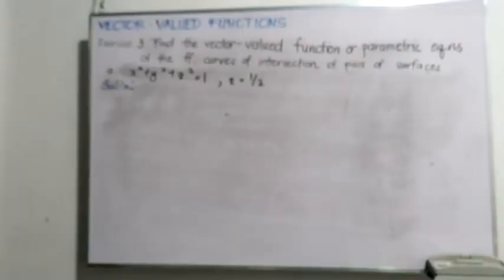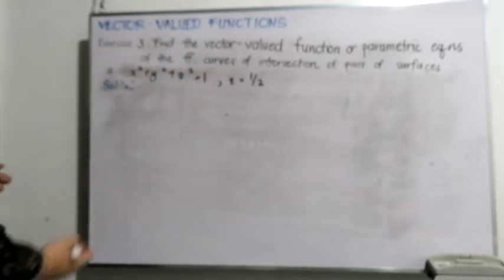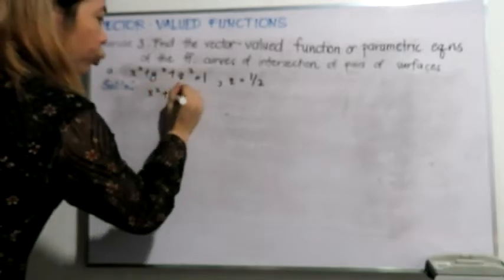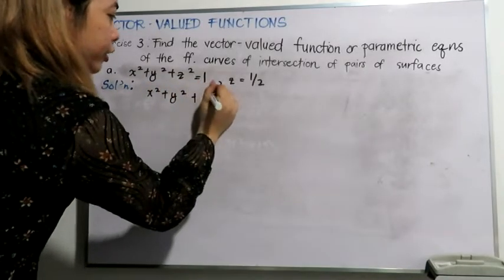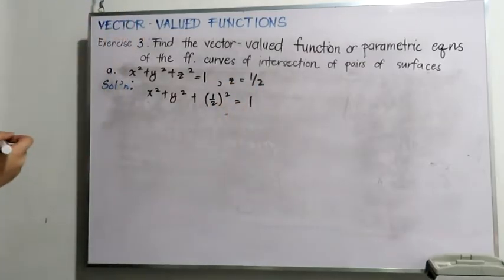Unlike the first example, in here we don't need to define any of the variables as the parameter t. Note that since the two equations are simultaneously satisfied and z is a constant, then we can plug it into the first equation, which yields x squared plus y squared plus 1/2 squared equals 1.